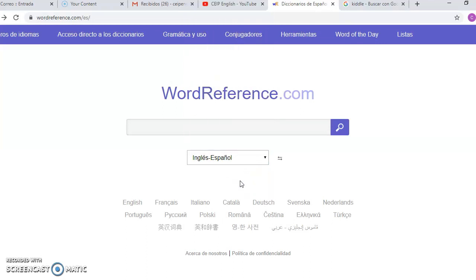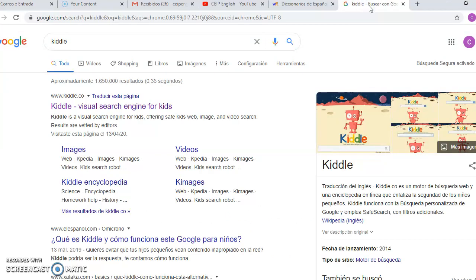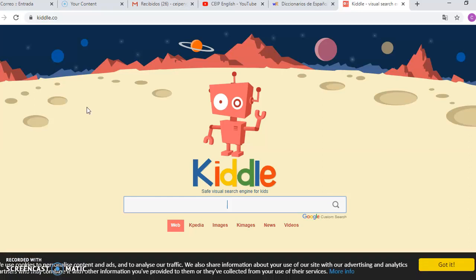And to find out information, I suggest you use Kiddle. You go to Google, you write down Kiddle, and this one here, Kiddle Visual Search. Here you can type any kind of question and find information. This is special for you. Why?